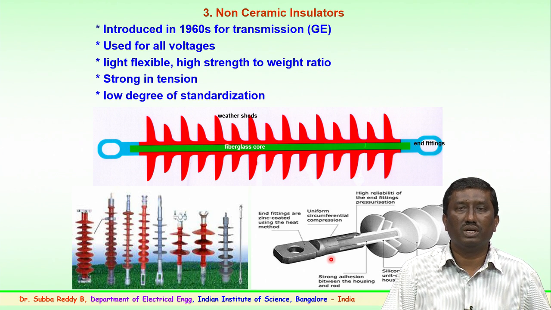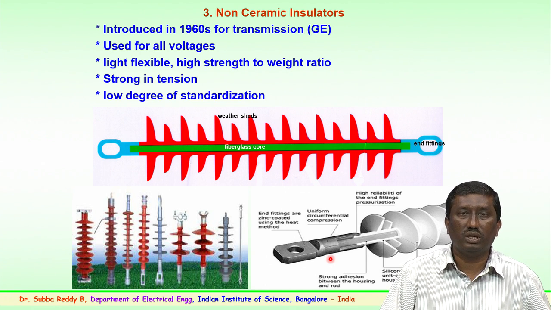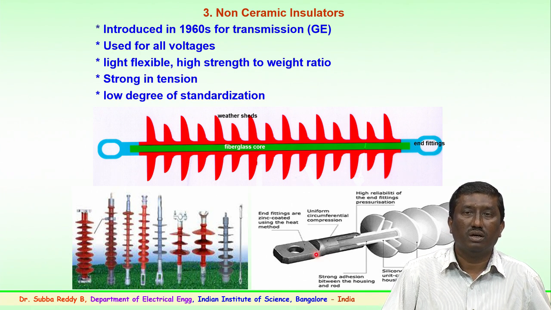These were introduced somewhere in the 1960s, initially for transmission, particularly by General Electric. Presently they are being used for all voltages from very low voltage up to ultra high voltage levels, and these are light, flexible and have a high strength to weight ratio, which is very important, and strong in tension and a low degree of standardization. So, this is how a typical polymer insulator looks.